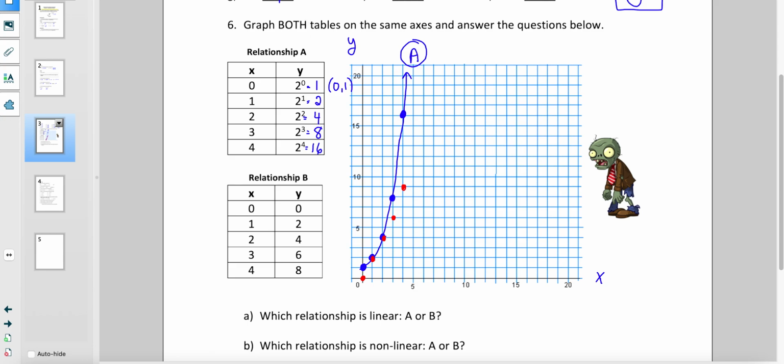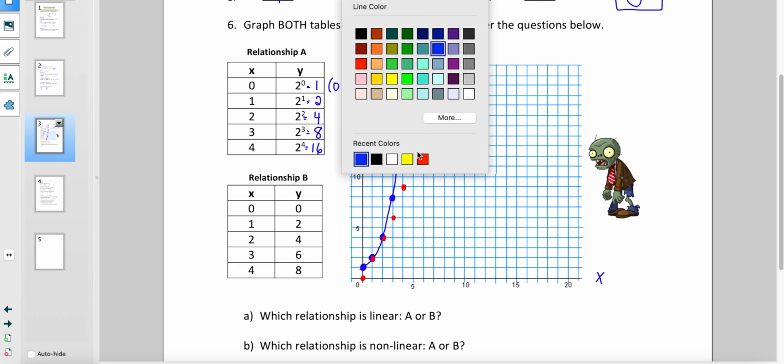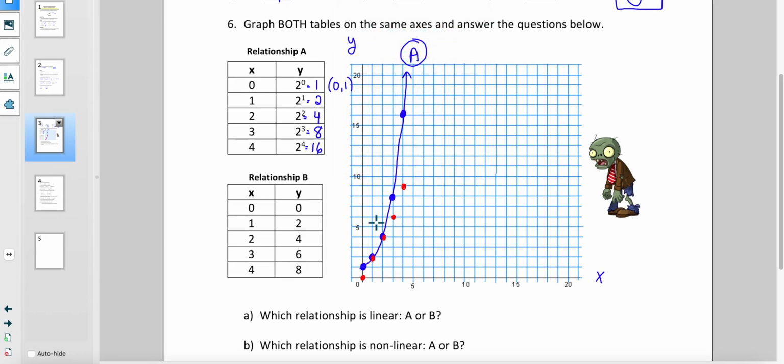So I don't need to draw that with a curve. I can just go from 0, 0. And if you take a ruler, you'll notice that you can put a ruler through all of those points. Just keeps going. So this is relationship B.